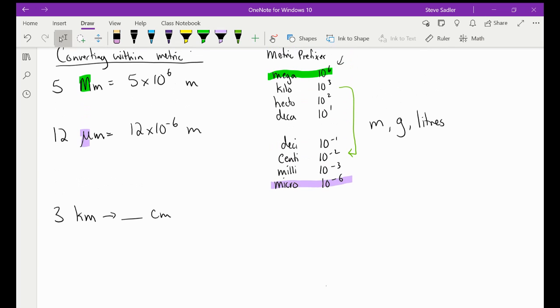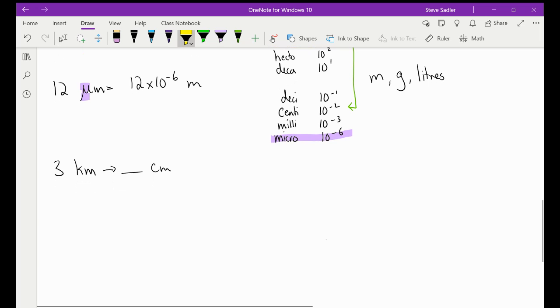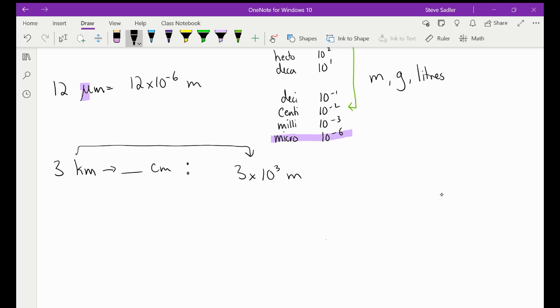We know that kilo is 10 to the 3, which means 3 kilometers is actually equal to 3 times 10 to the 3 meters. So the first thing I did was just convert 3 kilometers into meters without even doing anything. I just put the power of 10 on the end, right? We use that from the prefixes.